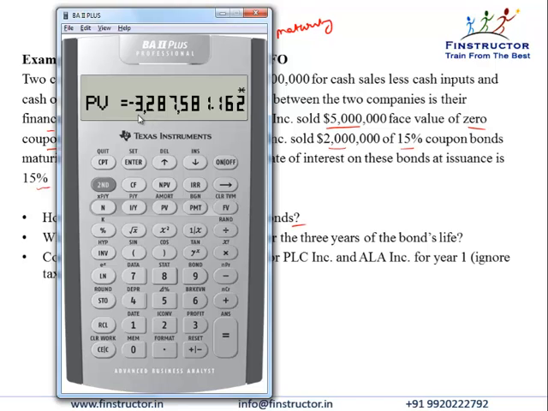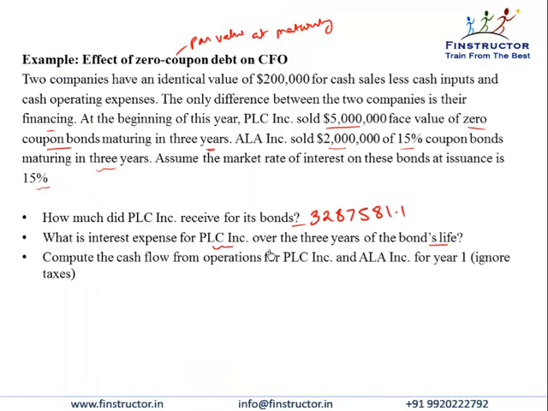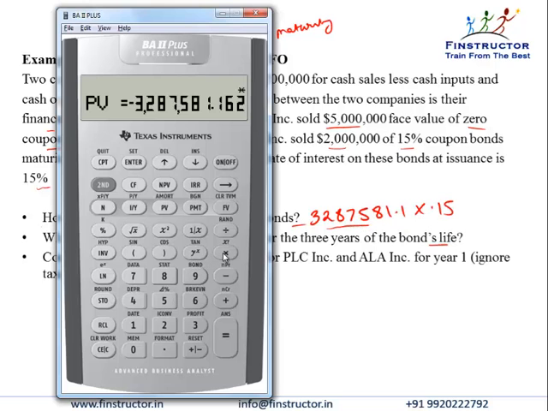PLC Incorporated would receive about $3.287 million for issuing the zero coupon bond. So the interest expense in year 1 would be the outstanding liability, that will be $3.28 million, multiplied by the rate at issuance, which can be calculated as approximately $500,000.